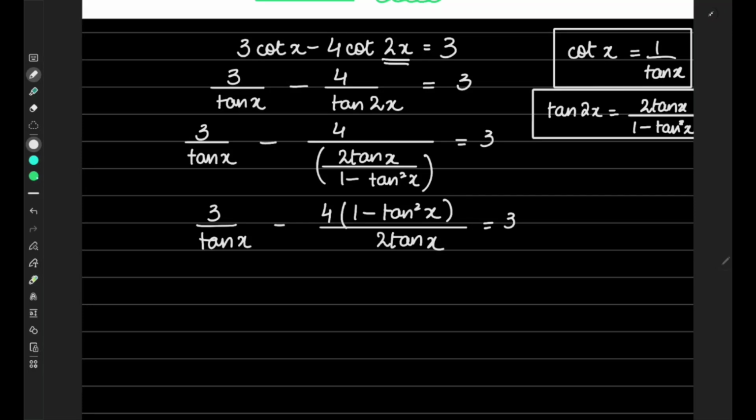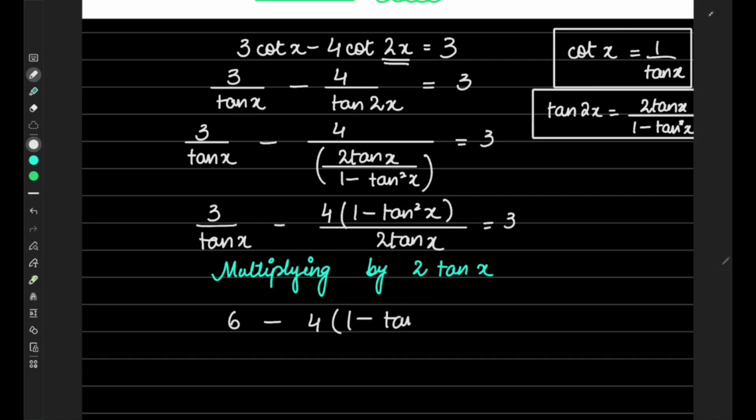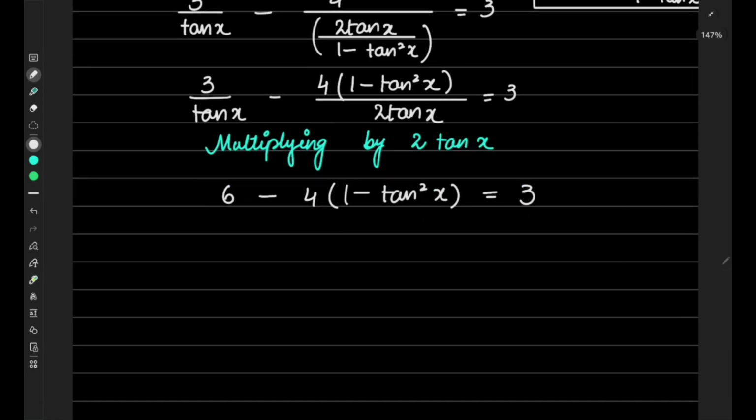That will give you 3 times 2, 6, minus 4 times the bracket 1 minus tan square x, equals 3.